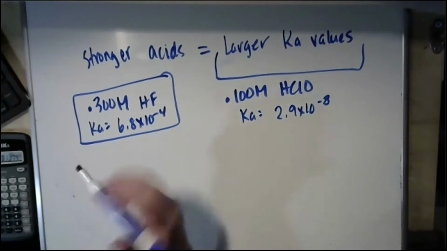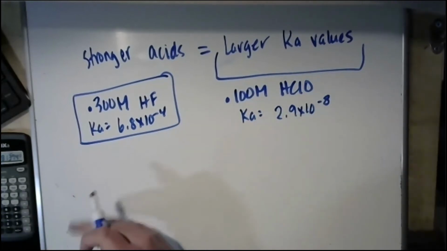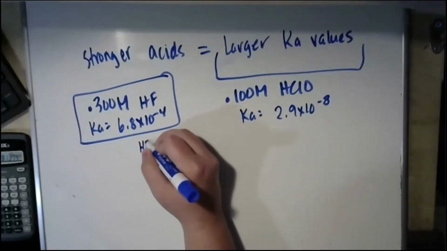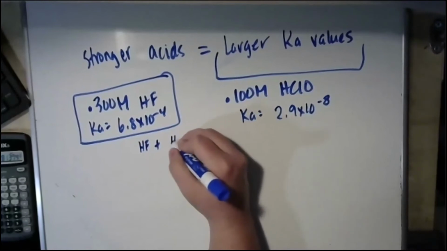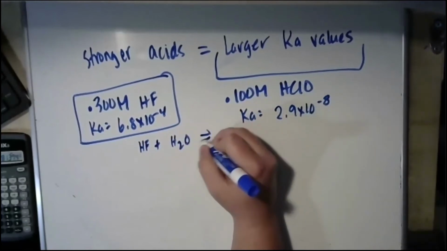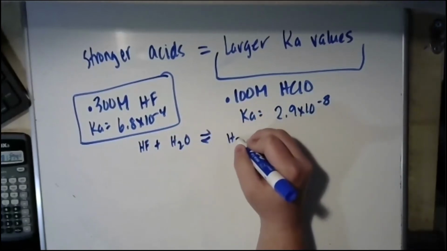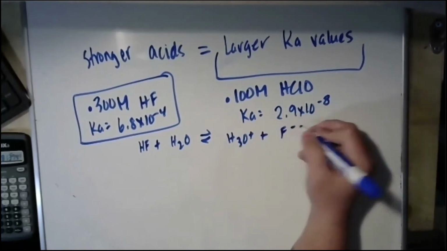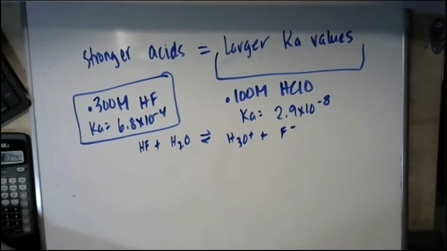We're going to write out the reaction of HF with water, and make an ice table to calculate our pH.